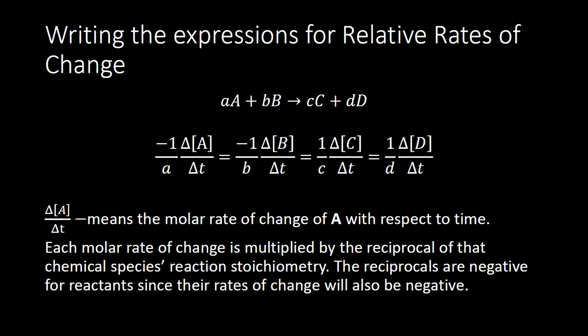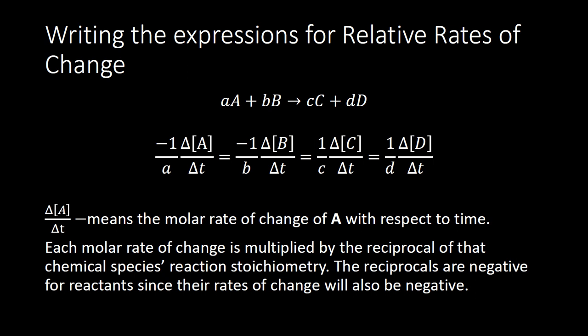When it comes to relative reaction rates, these constants that we multiply by the rate to get them all equal to each other is the reciprocal of their respective stoichiometric coefficients.